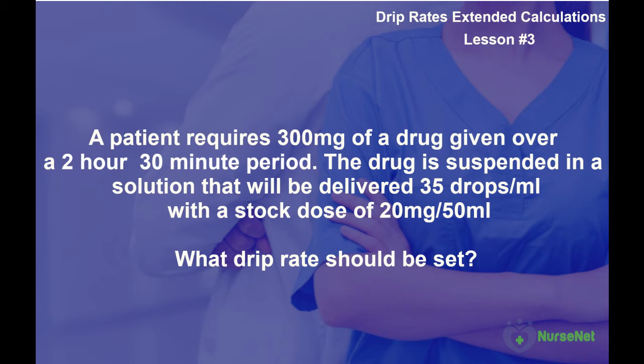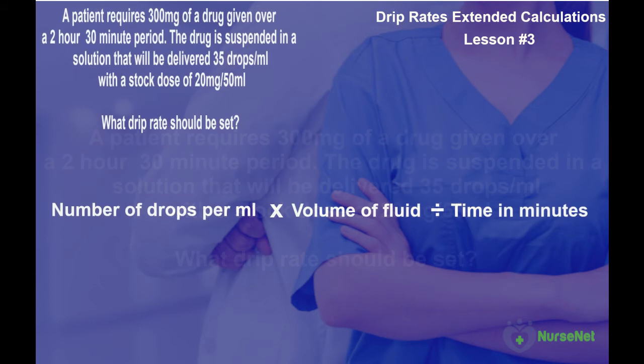Well, thinking back to our last example and the methodology we used, let's break this question down into manageable units. Remember, we need 3 bits of information to input into the drip rate formula: the number of drops per milliliter of the drug, the volume of the fluid to be administered, and the time in minutes.